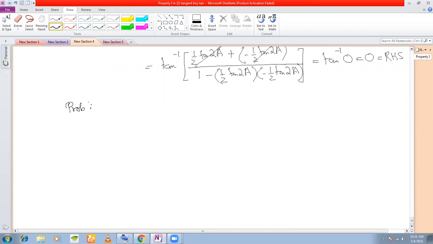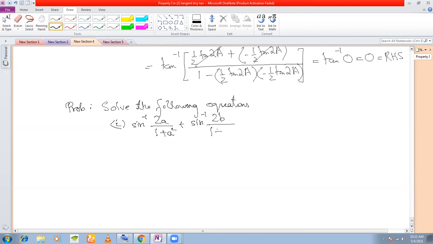The question here is: solve the following equations. First one is sin inverse 2a by 1 plus a square plus sin inverse 2b by 1 plus b square is equal to 2 tan inverse x.